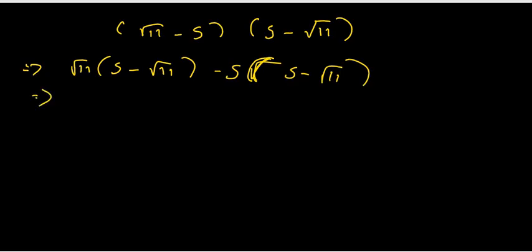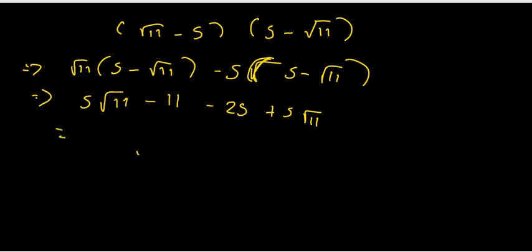Then after that you can clearly see it will be 5 root of 11. Then there, if you multiply them, it will be just 11. Then from there you multiply that, it will be just negative 25. Then if you multiply there, it will be positive 5, then the root of 11.